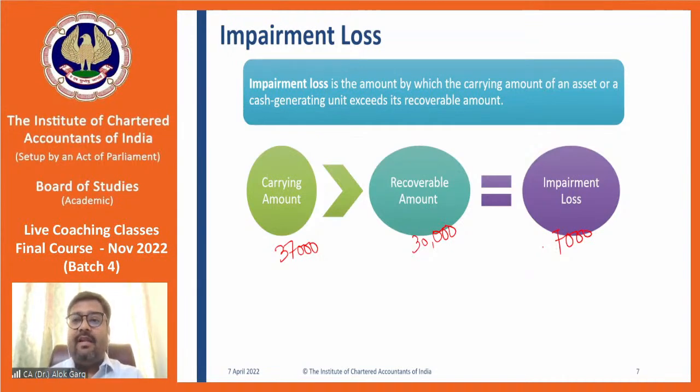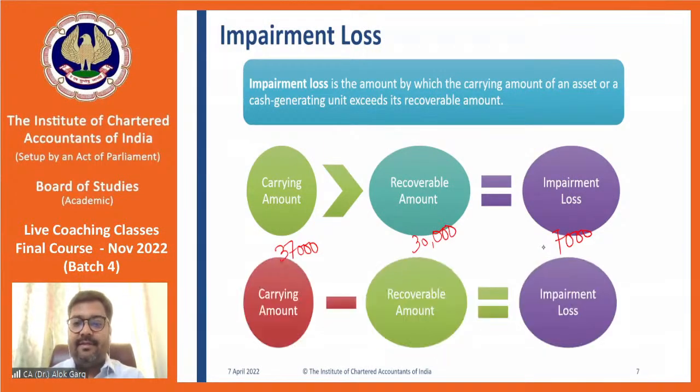So when the carrying value becomes higher than the recoverable value, of course there is an impairment loss, right? So in that case, carrying amount minus recoverable amount is equal to impairment loss. And what is the recoverable amount? Recoverable amount is the higher of fair value less cost to sell and value in use. I'll discuss these two aspects later on.